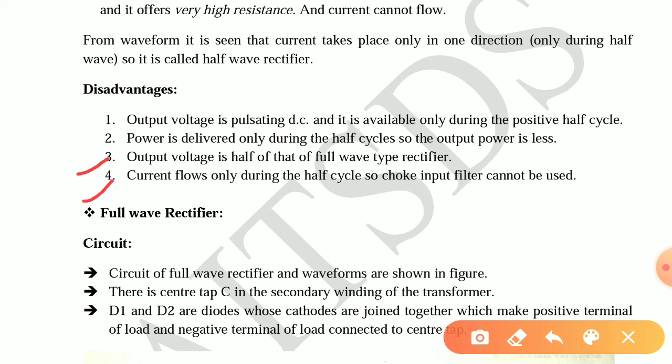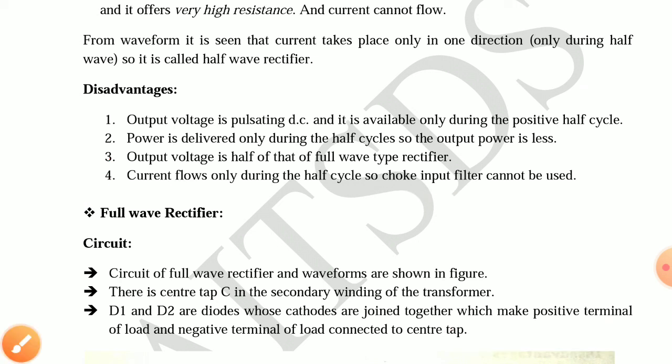Fourth point, current flows only during the half cycle, so the choke input filter cannot be used. There are many filters that we will discuss later, but in the half wave rectifier we can't use the choke filter. So these are a few disadvantages of the half wave rectifier that will be overcome in the full wave rectifier and bridge rectifier, that we will discuss in the next lecture.